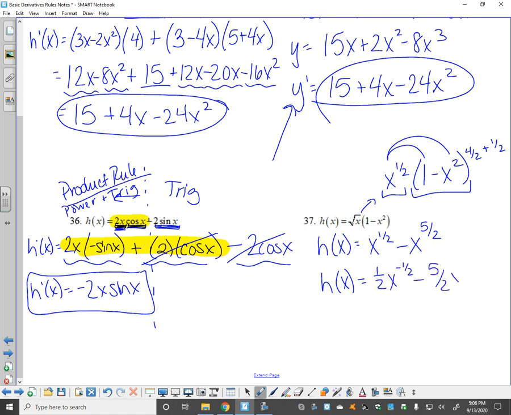Bring the power down front, take 1 off the power. Then if they wanted to, they could make you clean this up and say, okay, this is 1 over 2 root x minus 5 square root of x cubed over 2. They could do that. They could be all fuller and make you get a common denominator, although I don't think they would. But I wouldn't put it past them.